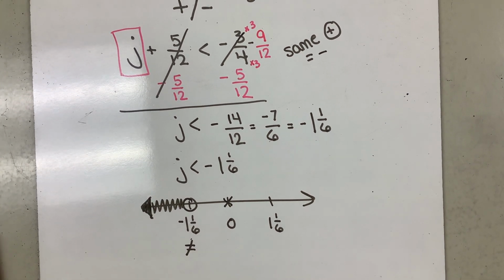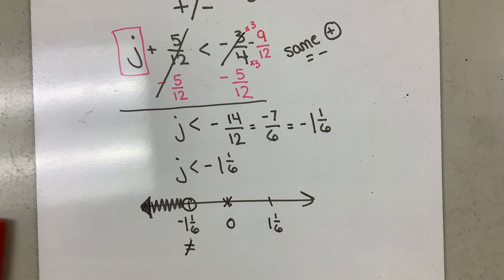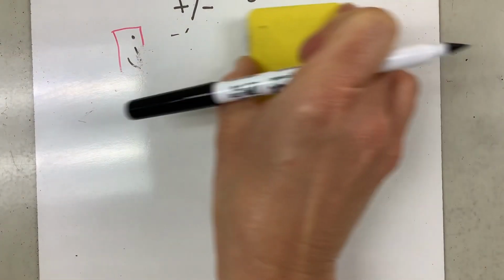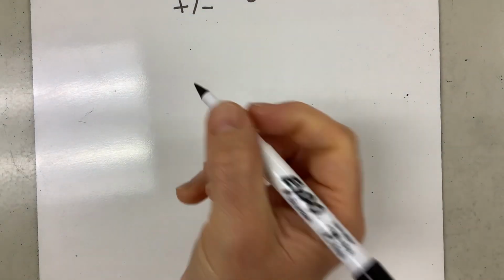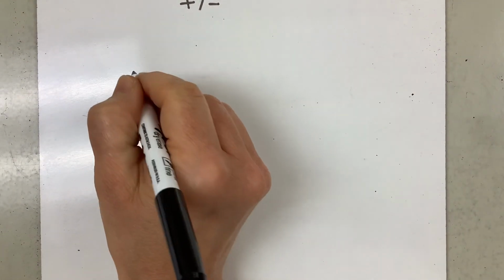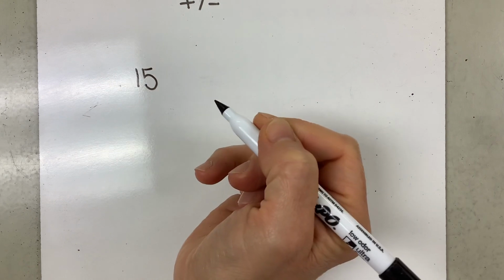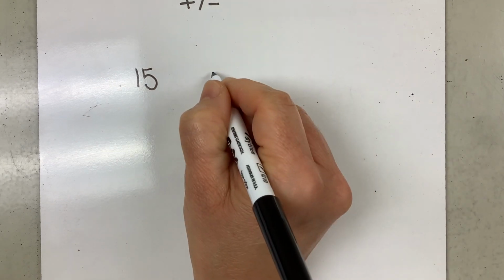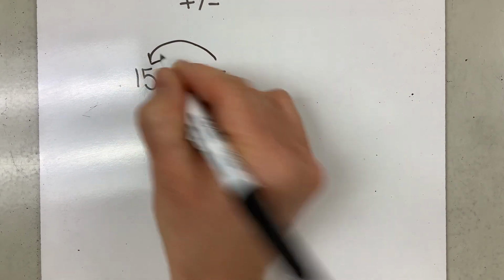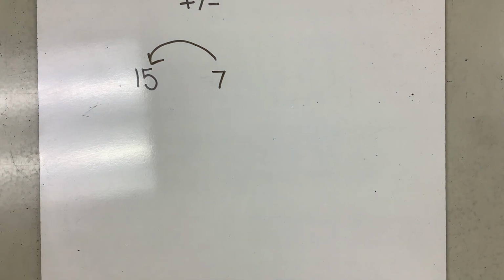Okay? Now, sometimes you can see a word problem. So the word problem we're going to look at is a bounce house can hold 15 children. 7 children go in. So I'm putting 7 in my bounce house. I want to write and solve an inequality that represents the additional number of children.